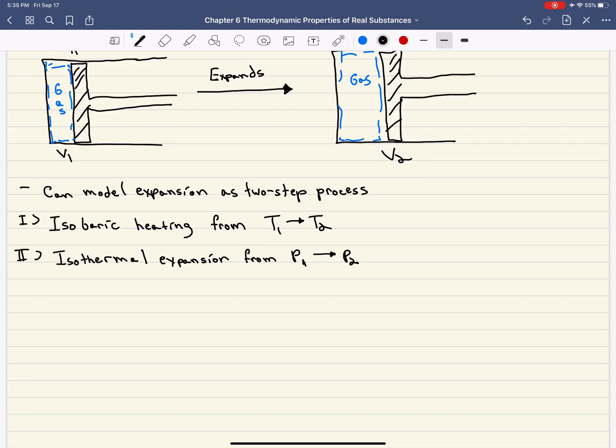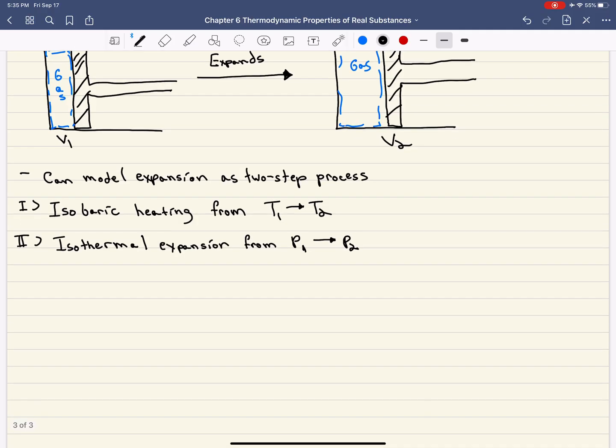So isothermal expansion so that the pressure changes from P1 to P2.